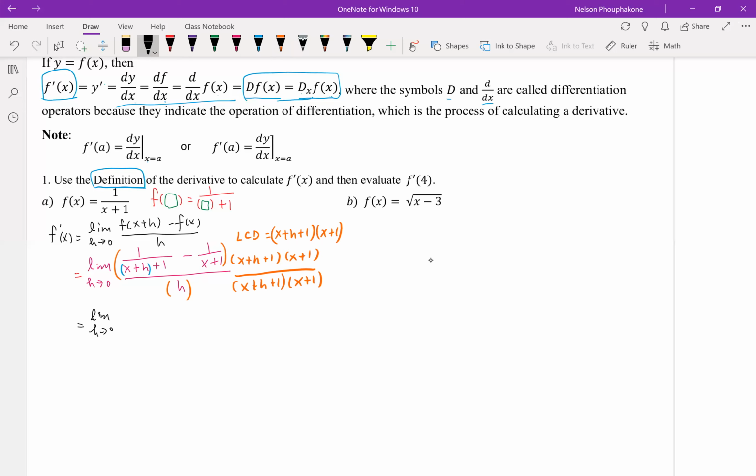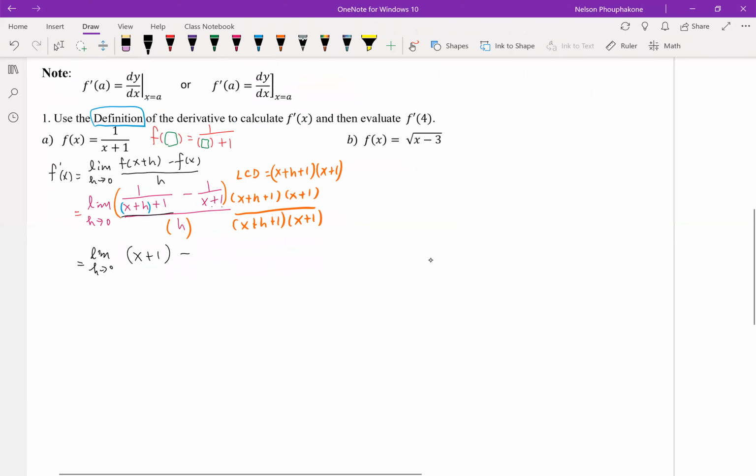So we will have this one times this whole thing, and you will see that x plus h plus 1 cancels, so I will have x plus 1. And then minus this one times this whole thing right here. Let me make it better.